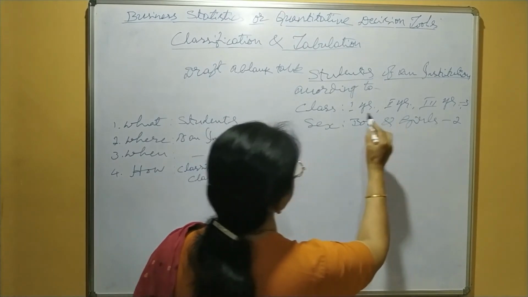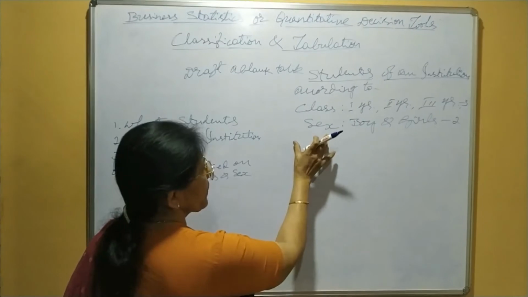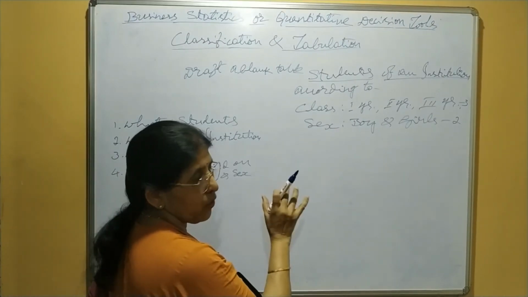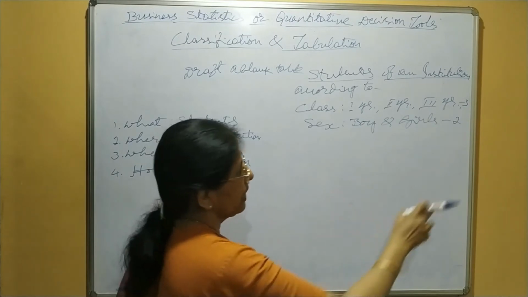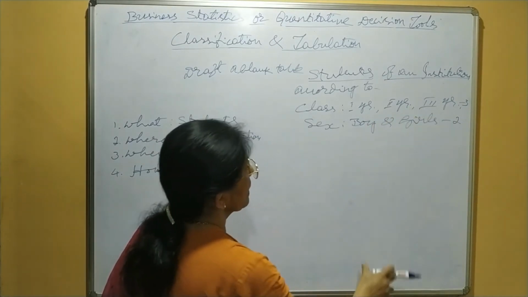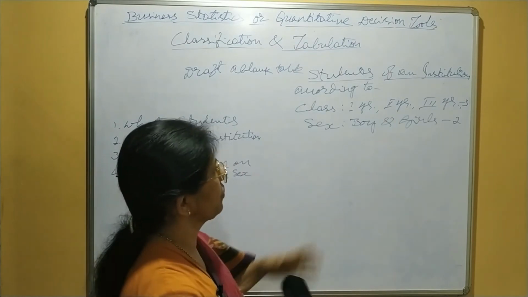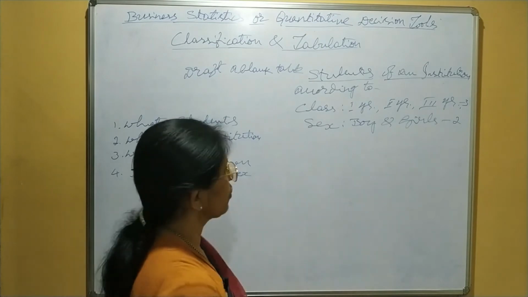Here we need 1 column for stubs, 3 columns for the 3 aspects, and the last column is total. That means 3 plus 2, 5 columns, and 2 plus 2, 4 rows.